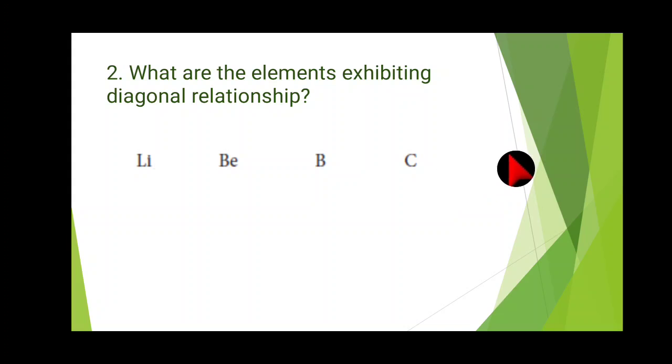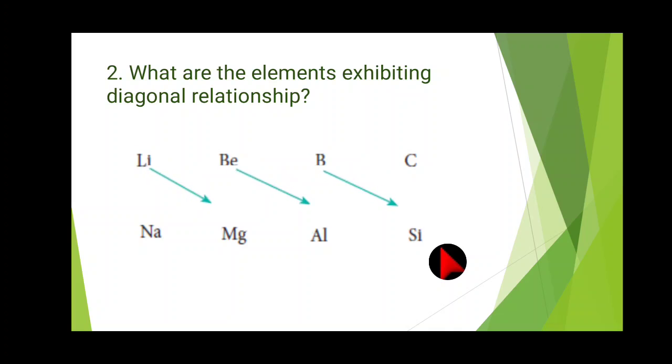Then the third period: sodium, magnesium, aluminium, then silicon. Some of the second period elements have similar properties with the third period elements. So what are they? Lithium and magnesium, beryllium and aluminium, boron and silicon.